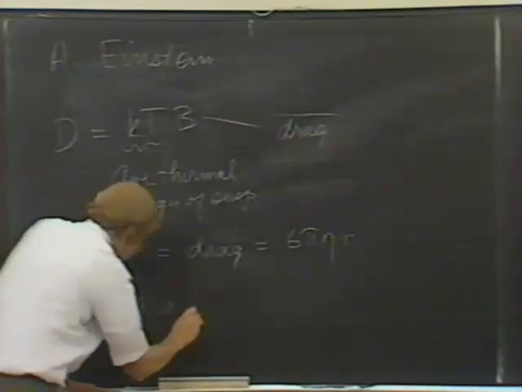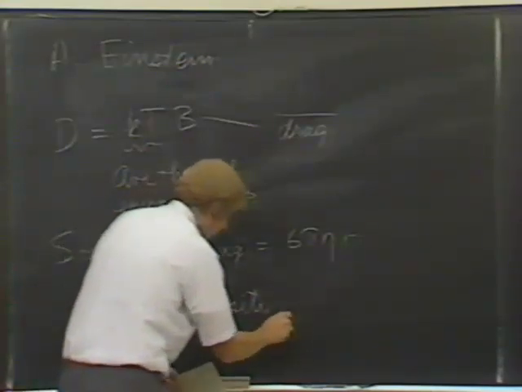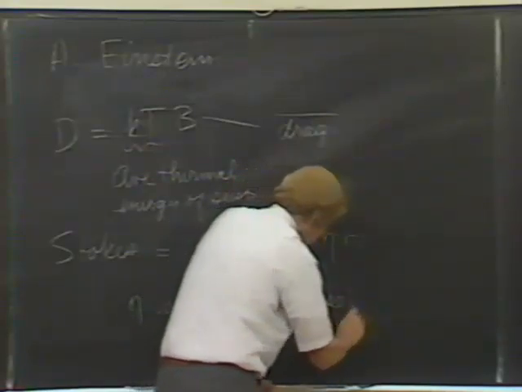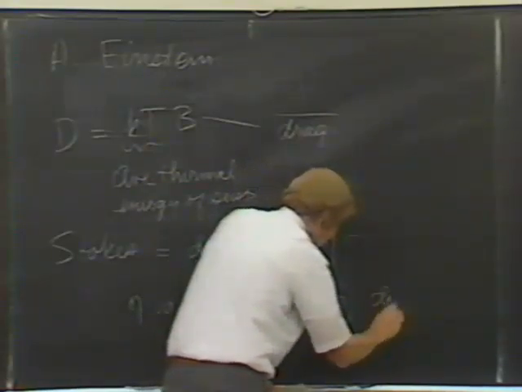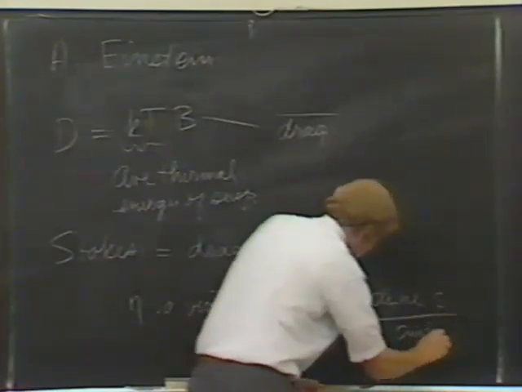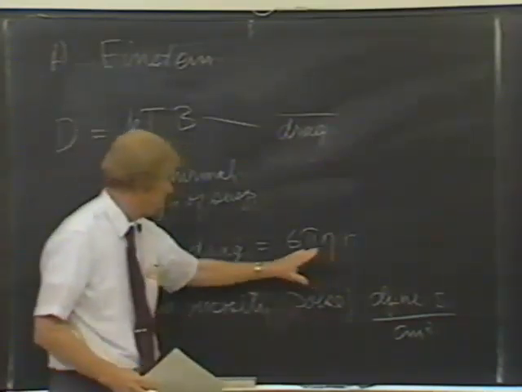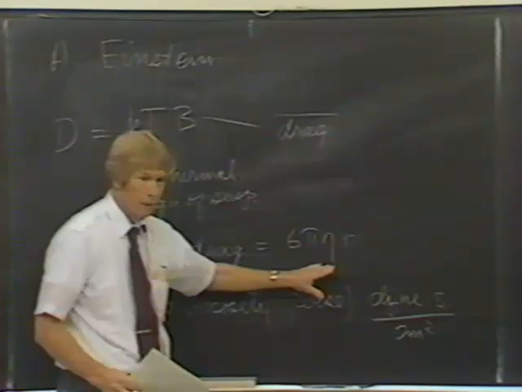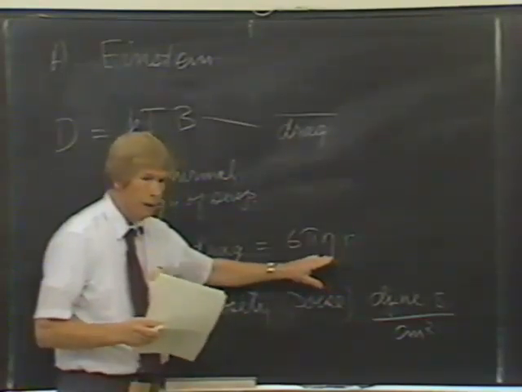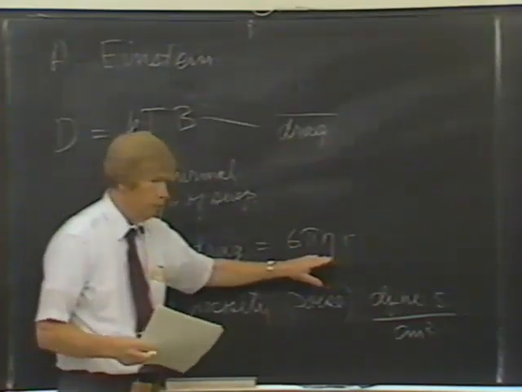And the unit is poise, or dyne seconds per square centimeter. There are other units too, but that'll do it for now. So this is the drag, and it essentially assumes that the suspended particles can regard the fluid as a continuum, or in other words, that the particles making up the fluid, the water molecules, are very, very much smaller than the particles diffusing through it.